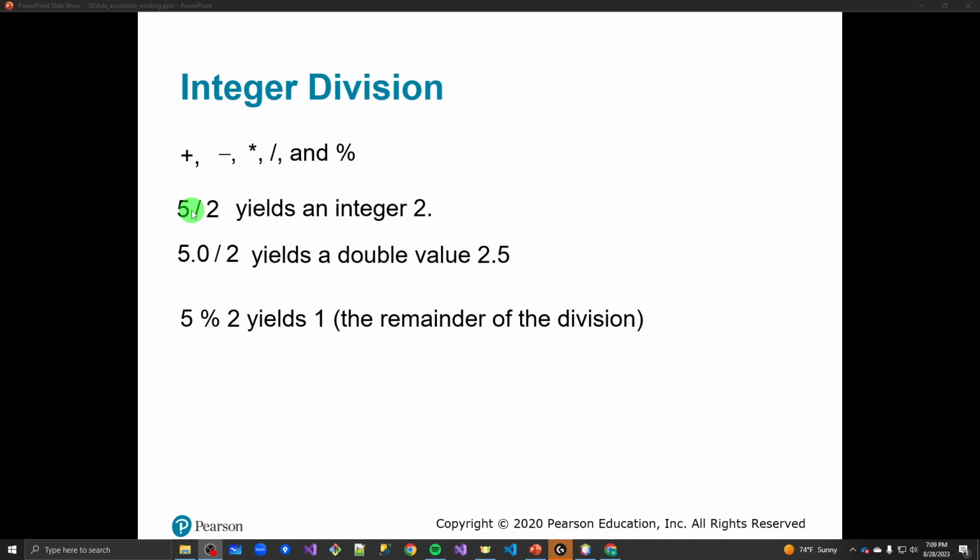So anytime you divide two integers, your result is going to be an integer, and it means it chops off the decimal place. So 5 divided by 2, the answer is 2. Okay. Now, if I say 5.0, now that's not an integer anymore because it's got a decimal place on, so that's a double. And because there's a double involved, it automatically defaults to doing doubles. So 5.0 divided by 2 will give you 2.5.